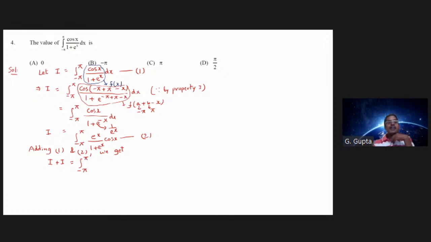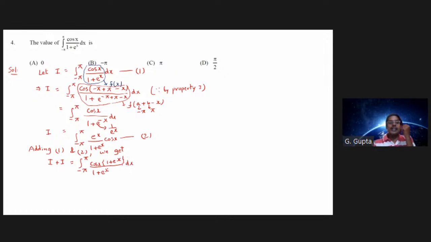So add the corresponding terms in both 1 and 2, same denominators. So just add the numerators. So cos x plus e power x cos x, I can take cos x common, into 1 plus e power x dx.